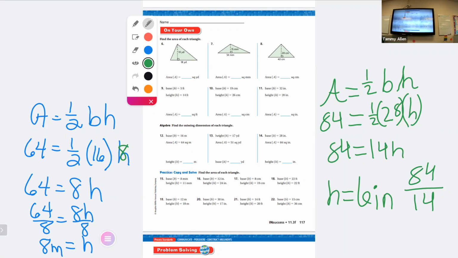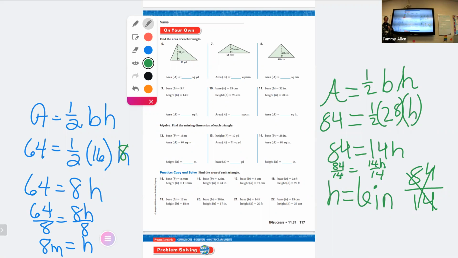There's one step missing. The step that goes over here should be the 84 divided by 14. This is 14h divided by 14. So just put that step in there. Otherwise, it was really good. Questions on that?